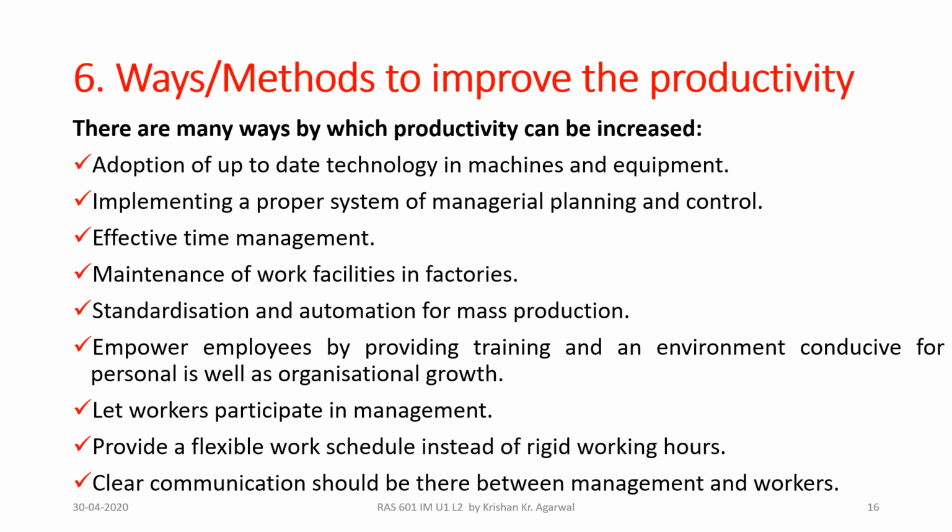And so on, communication is an important factor that should be taken into consideration between the management as well as workers. If proper communication is there in the plant, then only the productivity will increase.